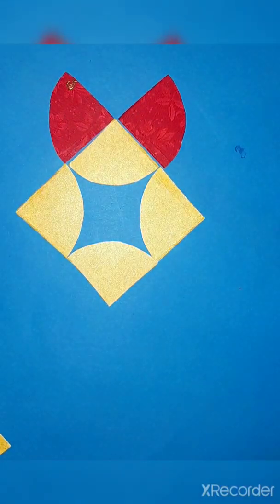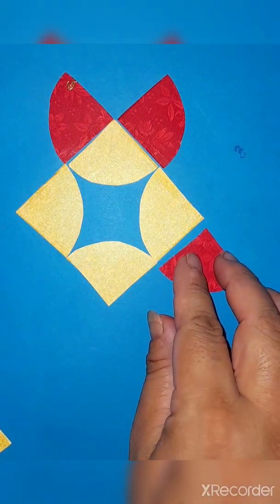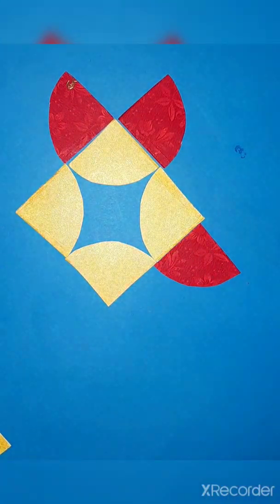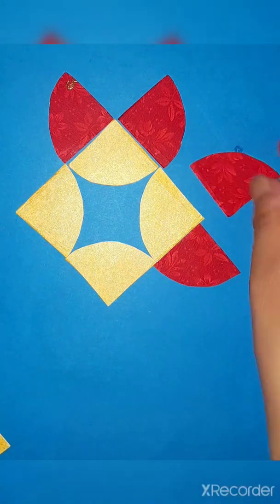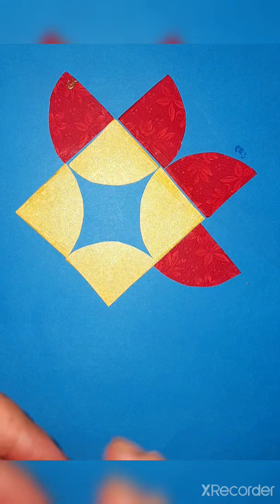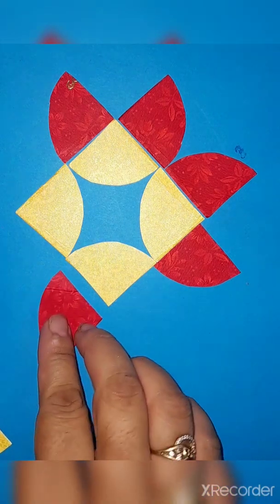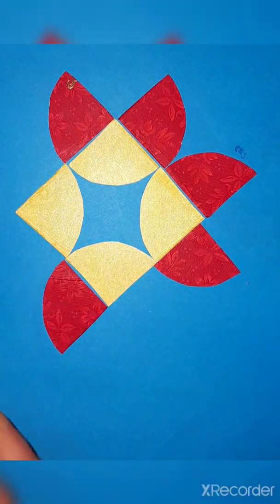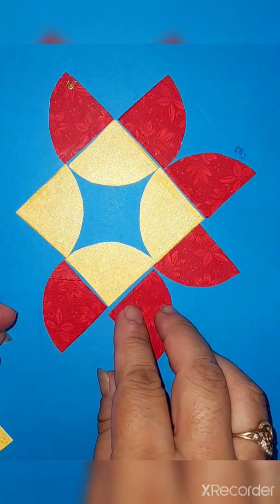Now in here I'll put another red color also. Okay, now on all the sides I'll put the red color, 1/4 part of a circle.